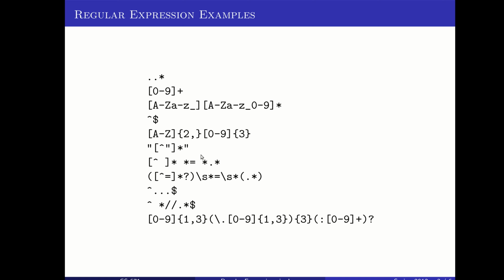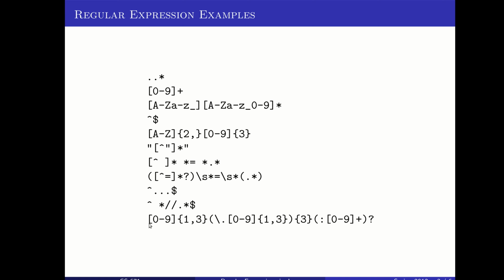This could be a useful one for finding variable assignments, assignments of values to variables in a Java program. Here we have the start of a line, any 3 characters, and the end of the line. So it would find us any line that has 3 characters on it.